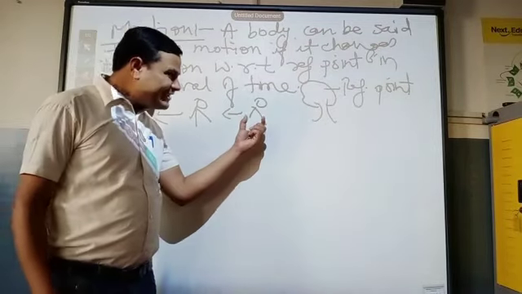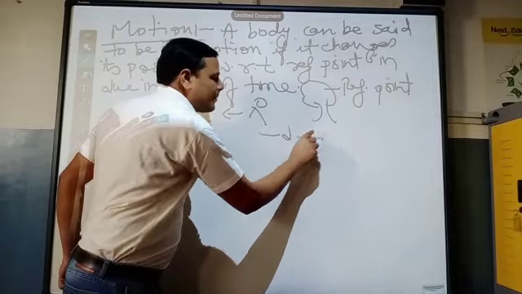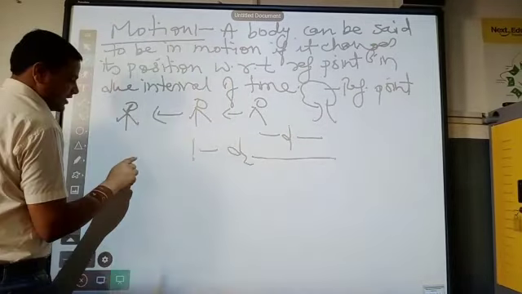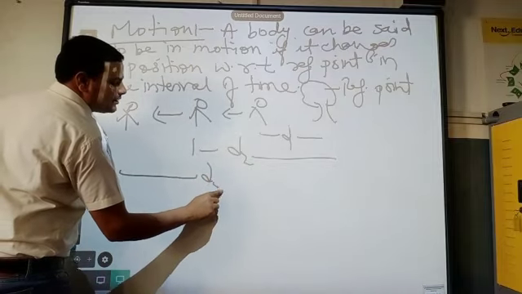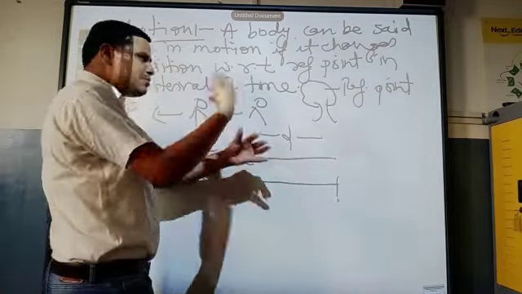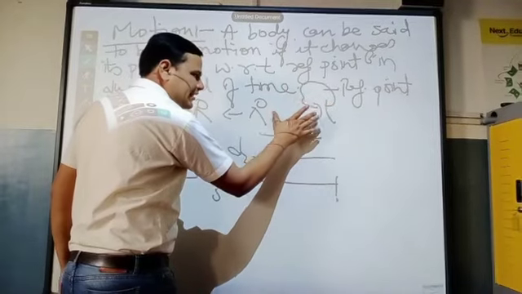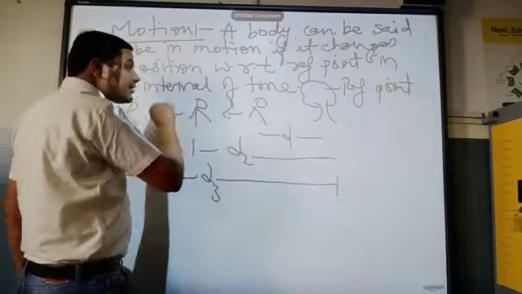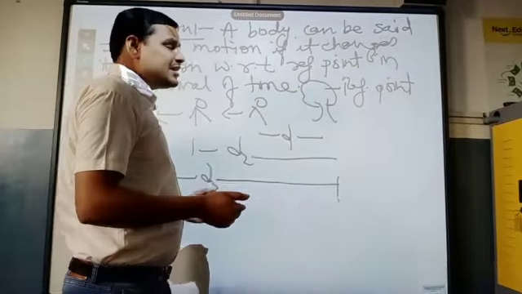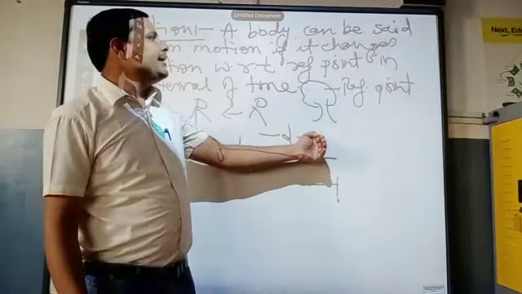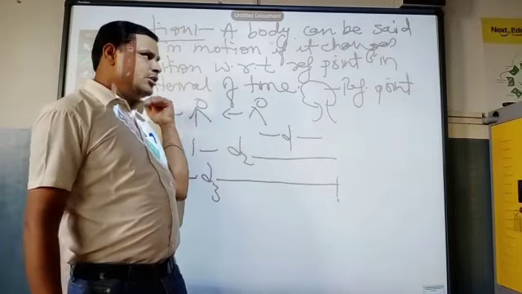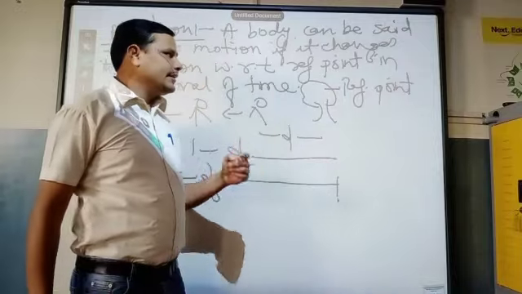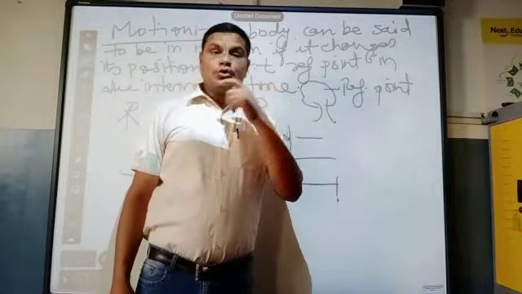Now the distances between the person and the tree are D1, D2, and D3. When time is passing, the distance between the person and the tree is changing. That means when the body changes its position with respect to a reference point in due interval of time, then it is said to be in motion.